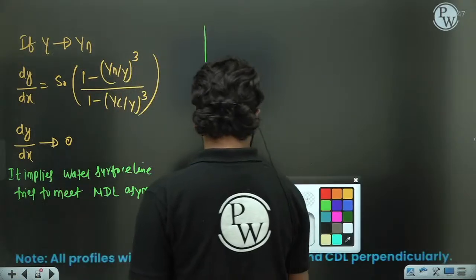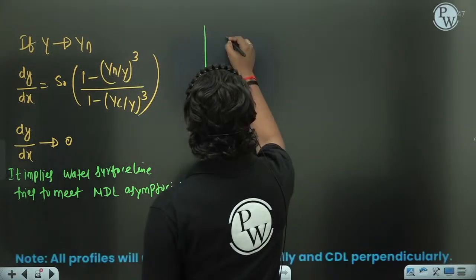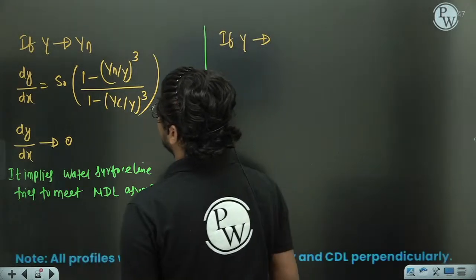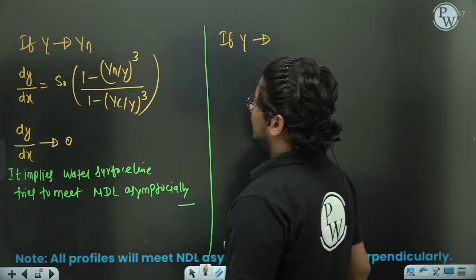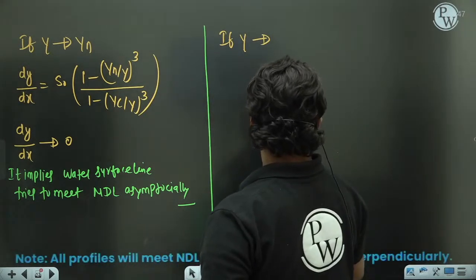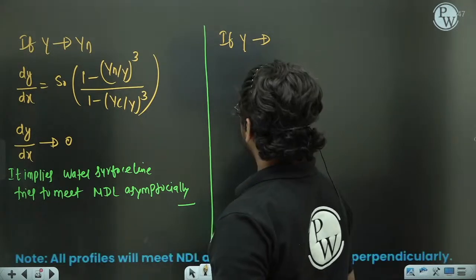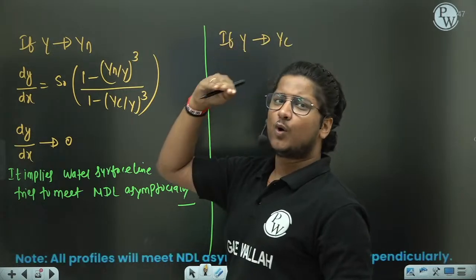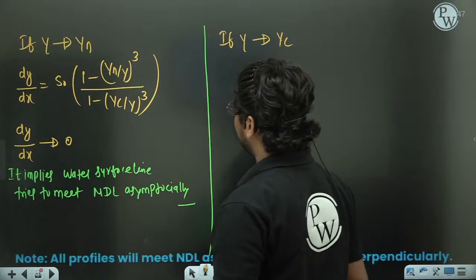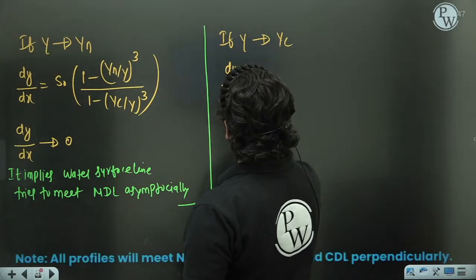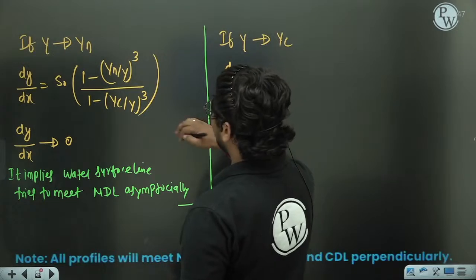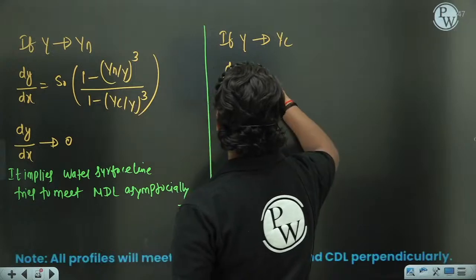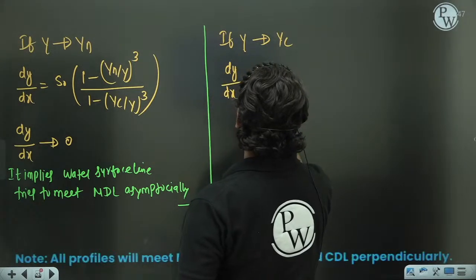Look at the second part. If y tends to yc, that means this water surface line is trying to meet the CDL line. In that case, what will happen to dy upon dx? If y tends to yc, then 1 minus 1, this lower part will be 0, so dy upon dx tends to infinity.